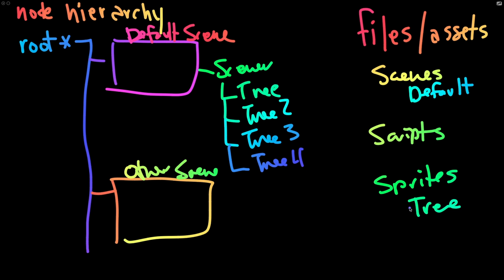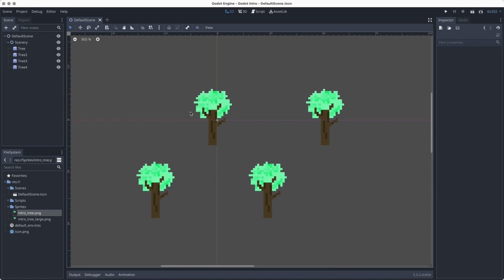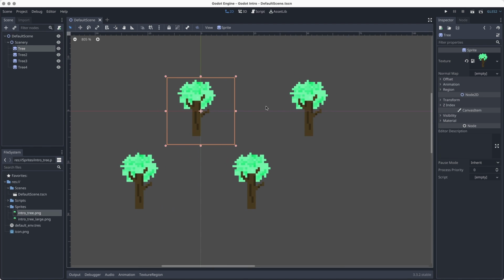So it just tells the computer where to draw all the pixels in that graphic. The scene is also a reference to the default scene, and we can also put scenes inside of other scenes. Eventually we'll also add the player as a separate scene, and it will have its own script and its own sprite.